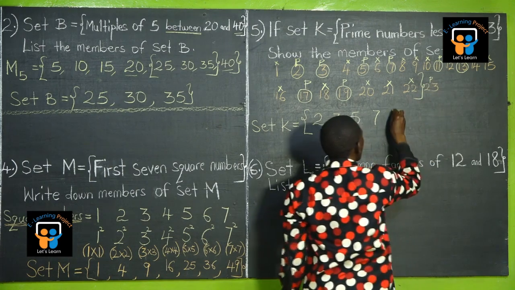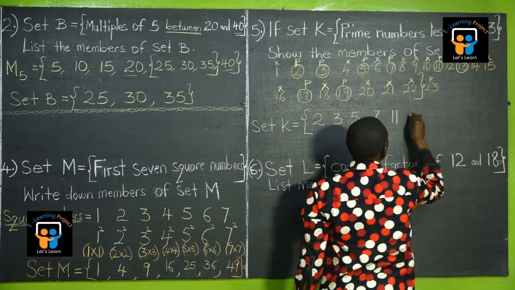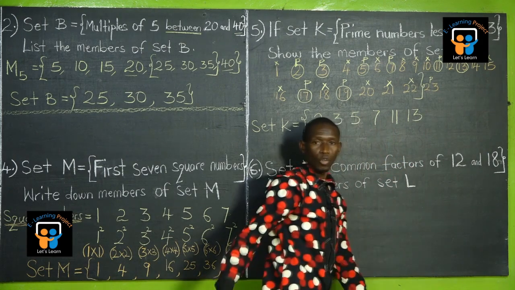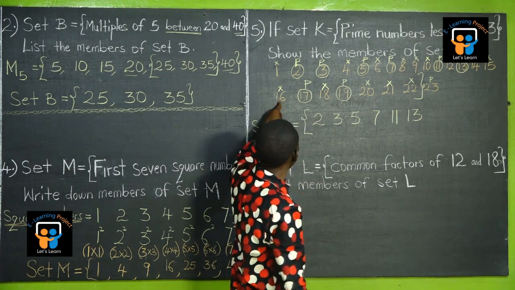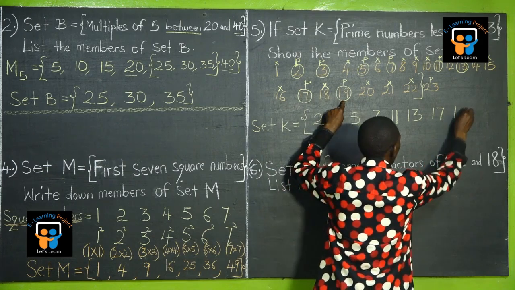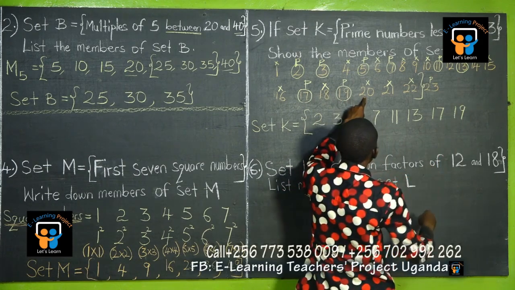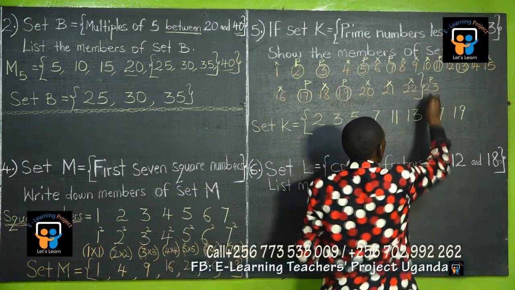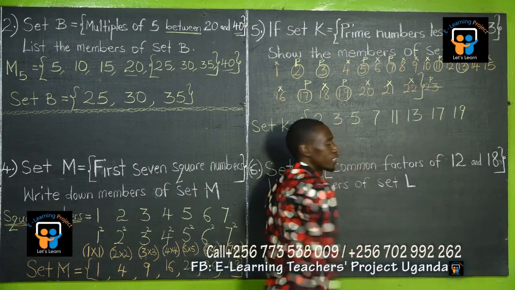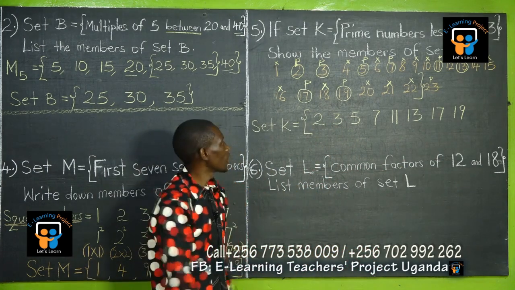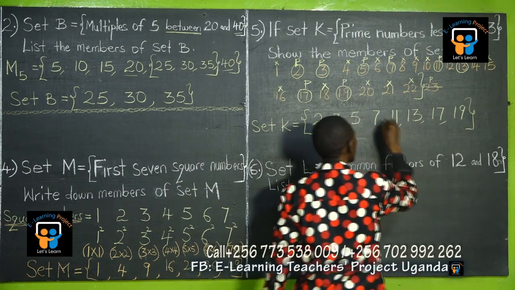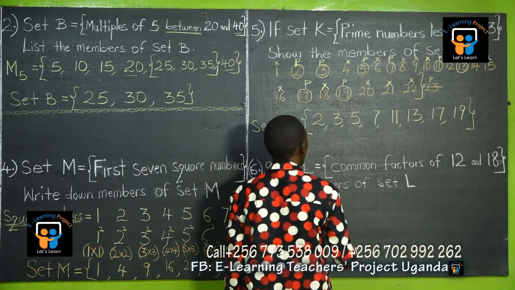Then you bring 11, come to 13. 15 is not a prime number, it is just an odd number. 16, leave. 17, come to 19. 20, leave 21, 22, and we don't include 23 because they said less than. It is a prime number, but we are told less than 23. Close the curly bracket. Do not forget to separate them using commas.